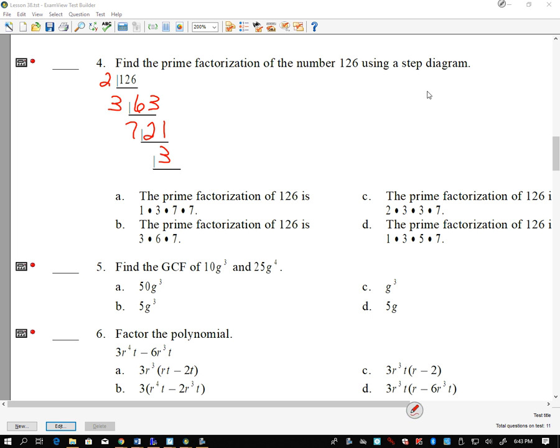So in the end, I should have 2 times 3 times 3 times 7. C looks to be my answer. Okay? So whatever your last one is, that's also part of it.